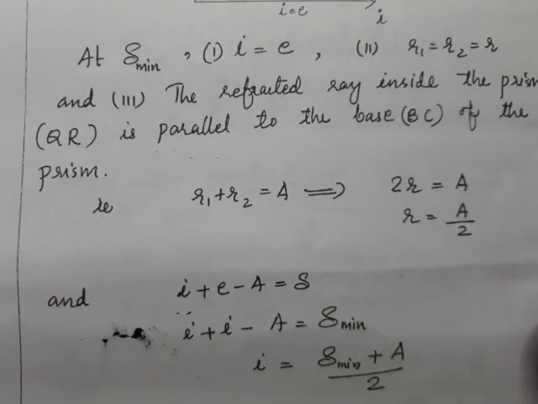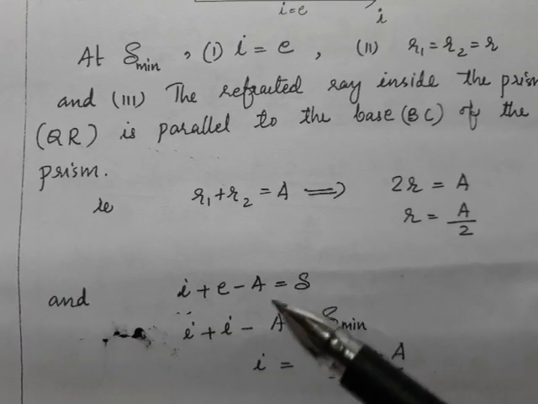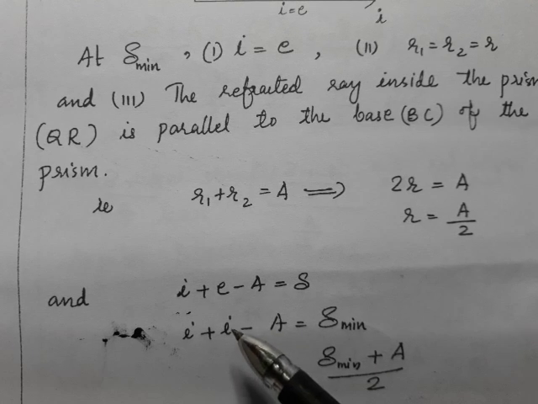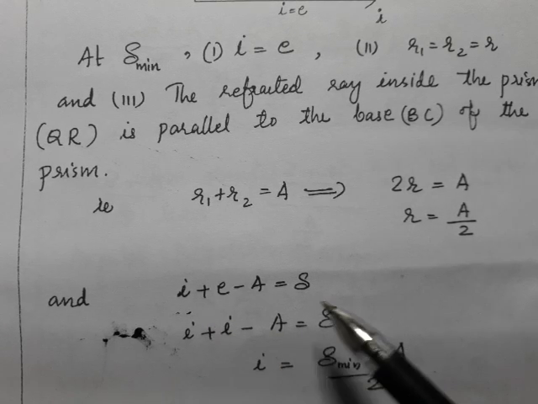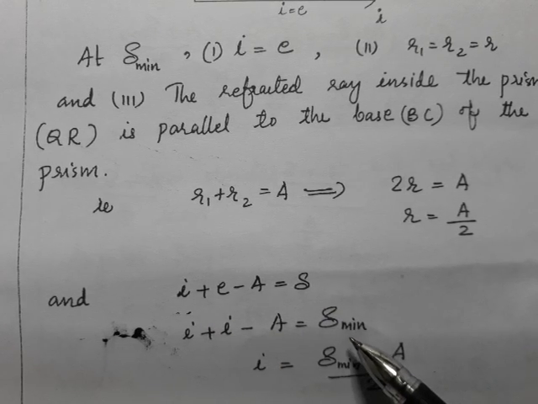And one more thing we told, in this case when I is equal to E, angle of deviation is a minimum from the graph.